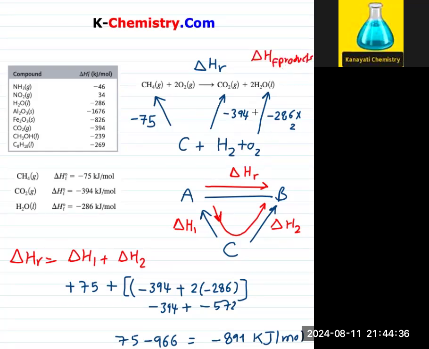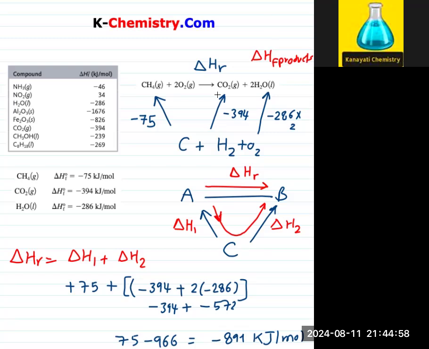And then you added it to the delta H of formation of the reactants, but because for the reactants we had to reverse the direction, it actually became negative. So this means that you didn't add to it, you subtracted.